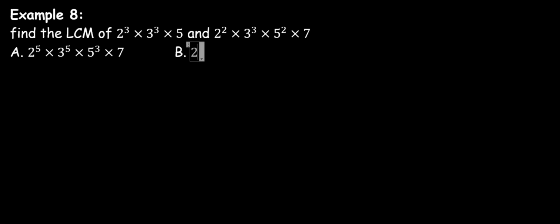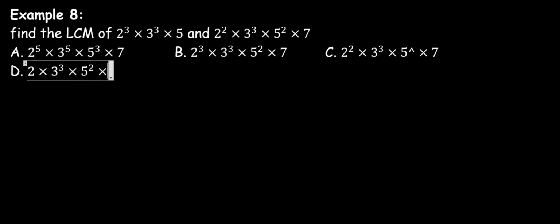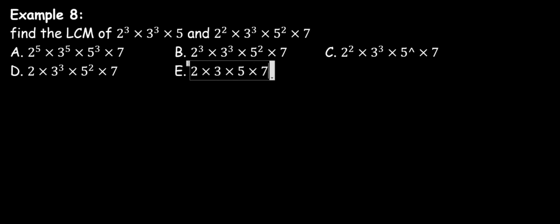Option B, 2 raised to power 3 times 3 raised to power 3 times 5 raised to power 2 times 7. Option C, 2 raised to power 2 times 3 raised to power 3 times 5 times 7. Option D, 2 times 3 raised to power 3 times 5 raised to power 2 times 7. Option E, 2 times 3 times 5 times 7.